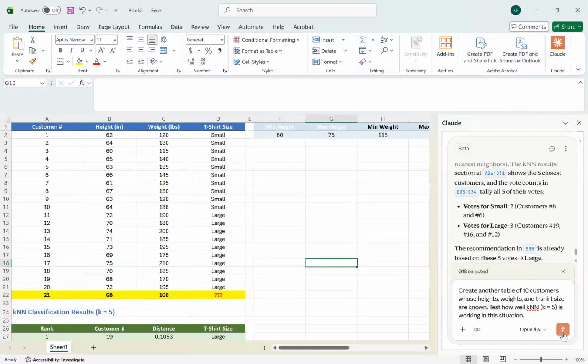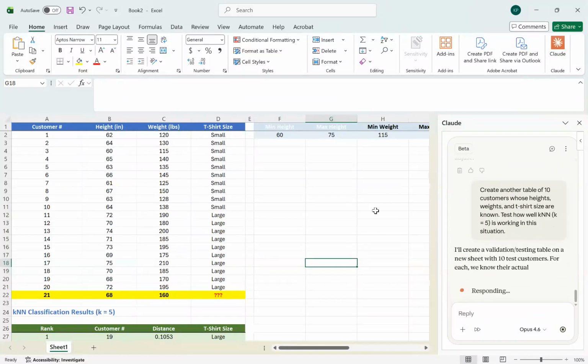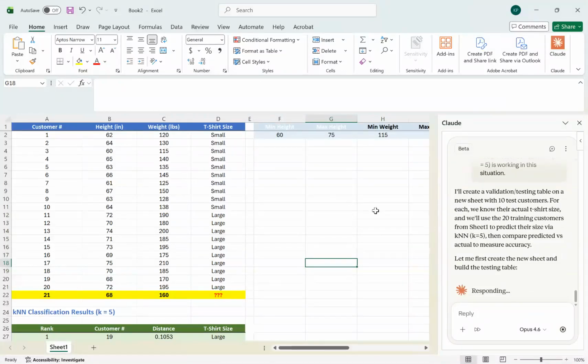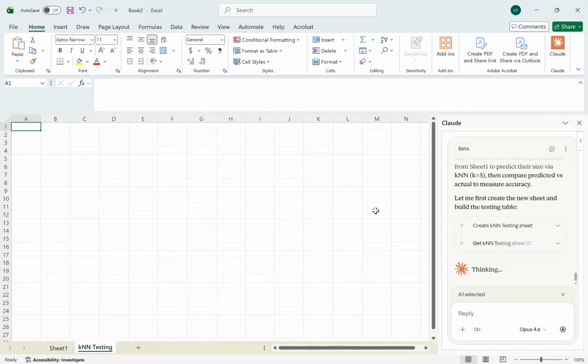So let's see. So it decided to do it on a different sheet, which is fine.